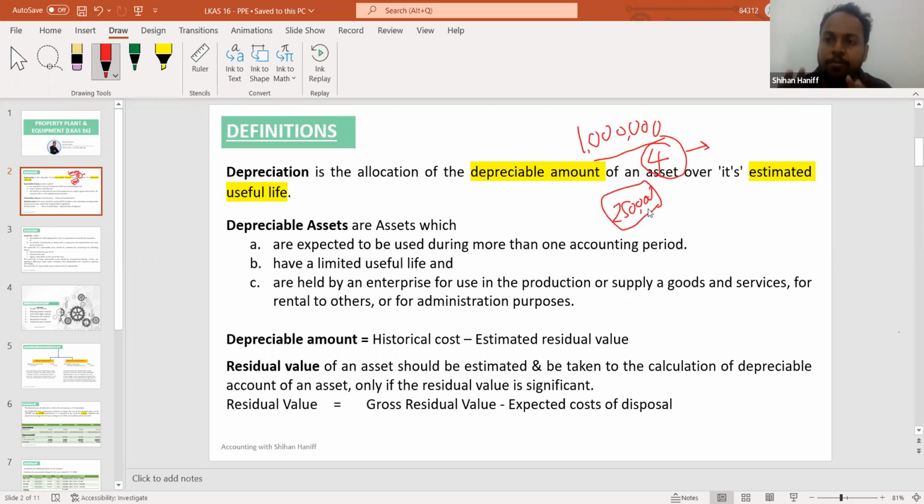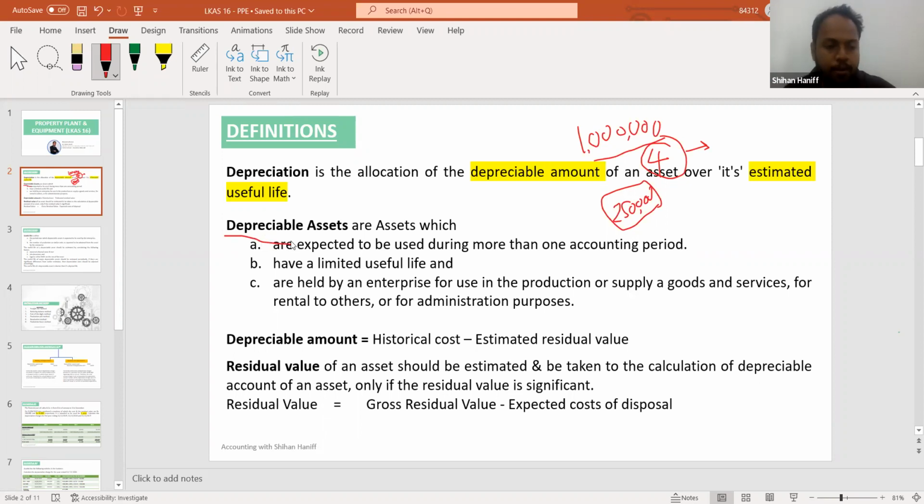There are different methods we can divide the total cost. One simple method is to take the total, divide by the useful lifetime, and annually allocate the same amount. So what is depreciation? Let me repeat. It's the allocation of the depreciable amount of an asset over its useful lifetime.